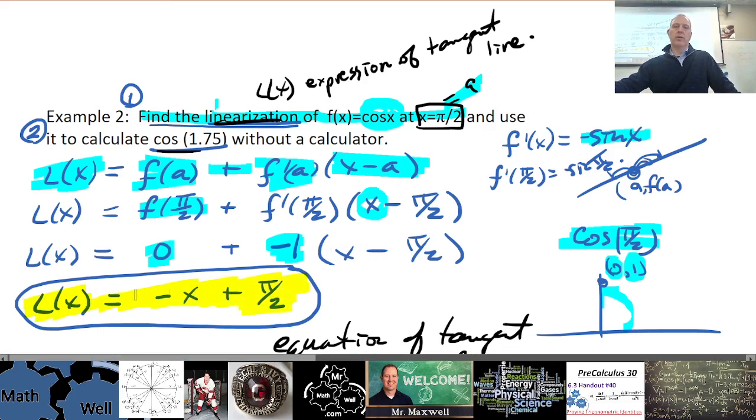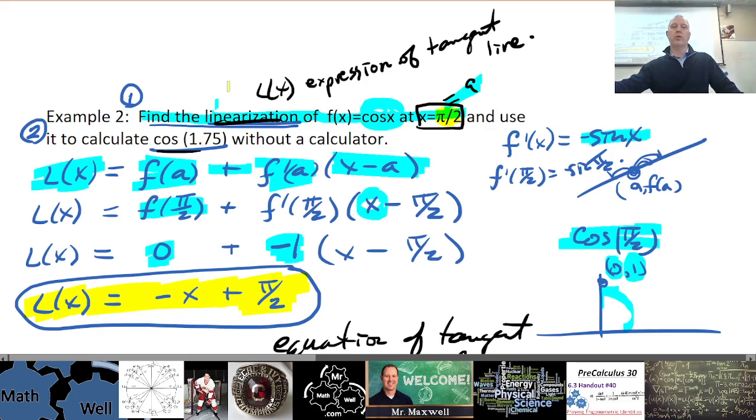So this is the tangent line at pi over 2 for cos x, and this is how we would use this linearization method to find a new y value. That means I could find the linear approximation for any value that's close to pi over 2. Pi over 2 is about 1.66, so 1.75 would be close to x equals pi over 2.